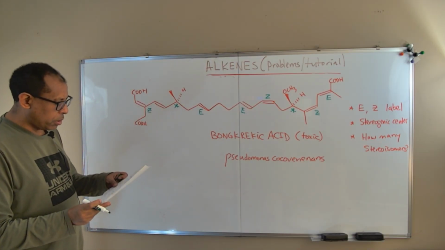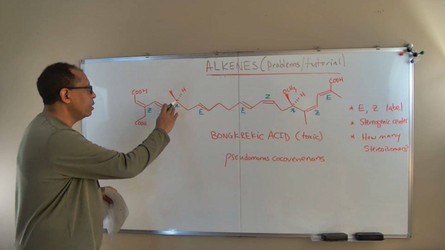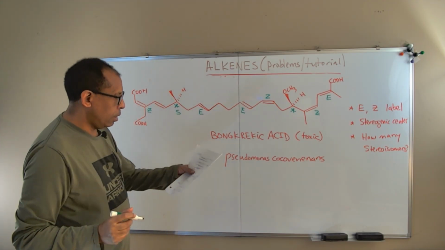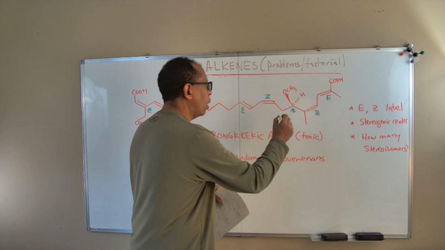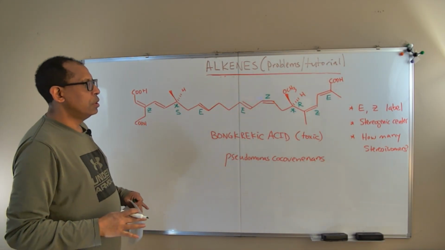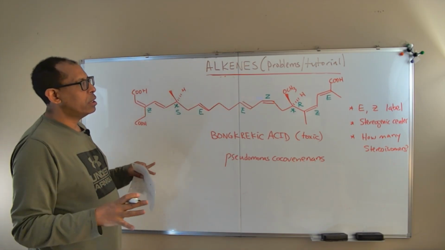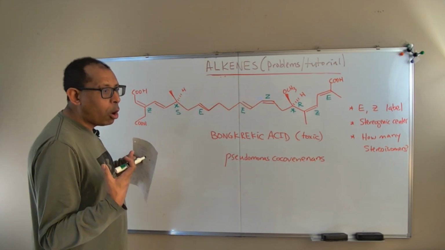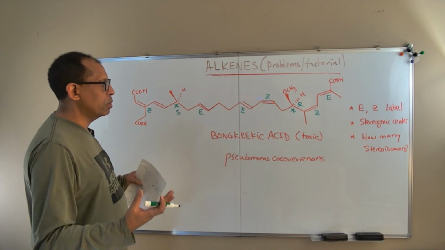The first one is an S. I want you to assign that. And the next one is an R stereogenic center. Now, the question is, how many stereoisomers would Bongkrekic acid have? How many different stereoisomers?